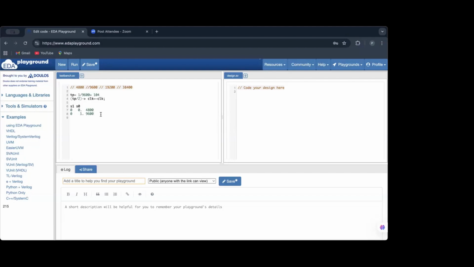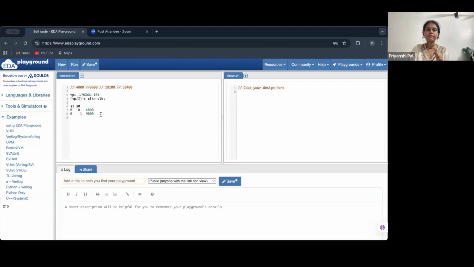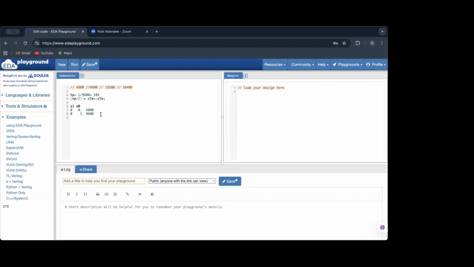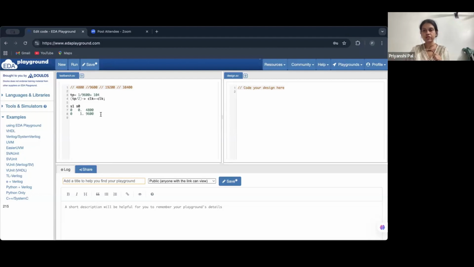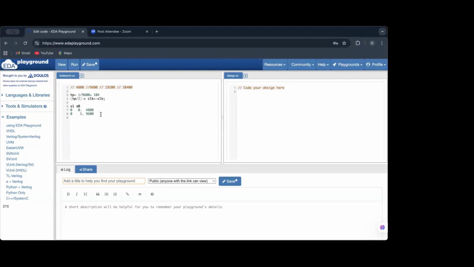Ma'am, since UART is universal, there are fixed baud rates which are supported by the UART, but we can use. Yes, that's correct. We can have fractional baud rates.